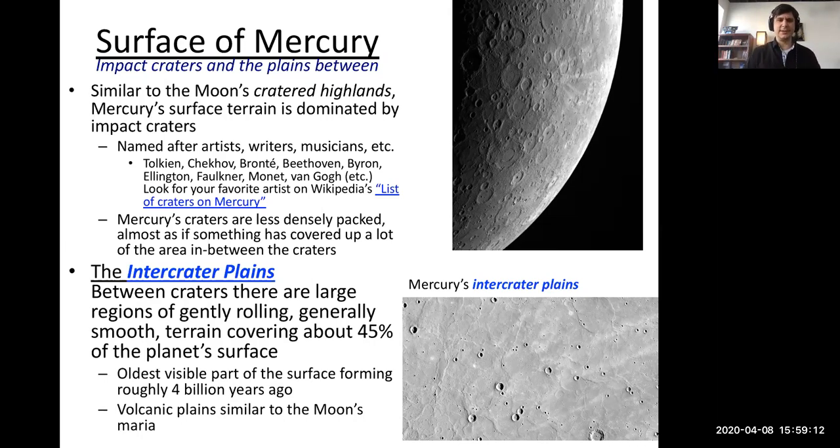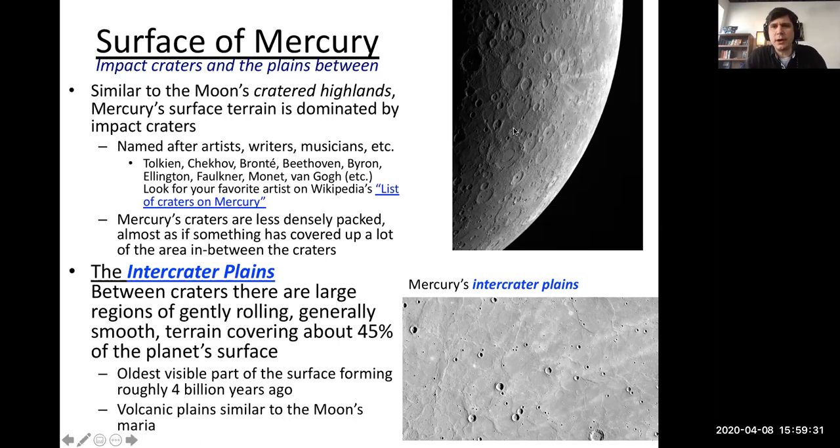Nailed it. So good at naming things. Well, astronomers are really good at naming things. This is the oldest part of the visible surface. So we're looking at the oldest surface, and it dates by crater count to about 4 billion years old. So the surface of Mercury is about 4 billion years old at its oldest.